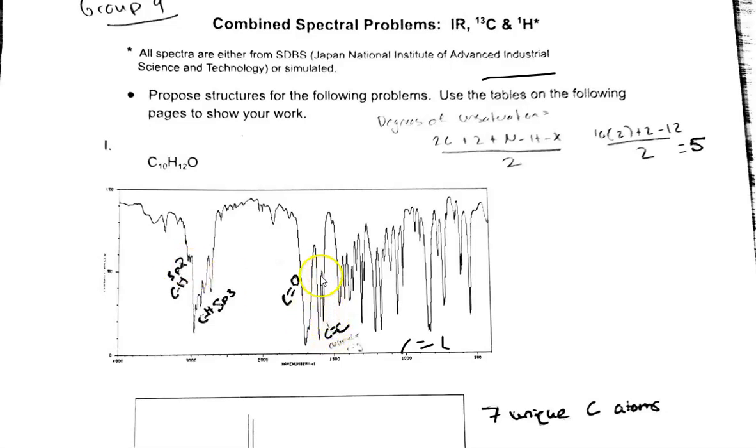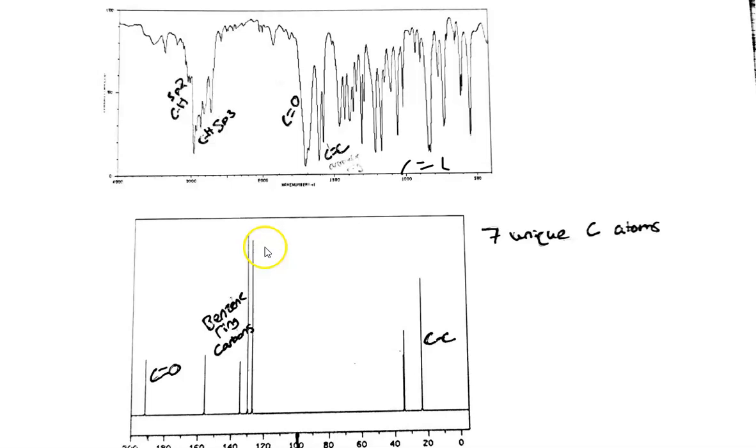And then you can see 2 points here just above the 1500 range, which can often indicate the C double bonded to carbon in the aromatic ring as well.